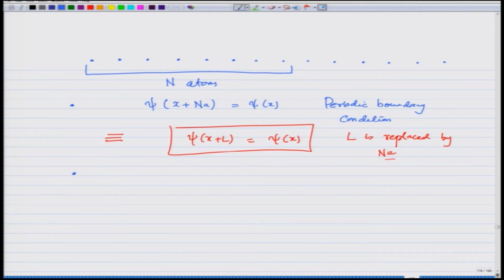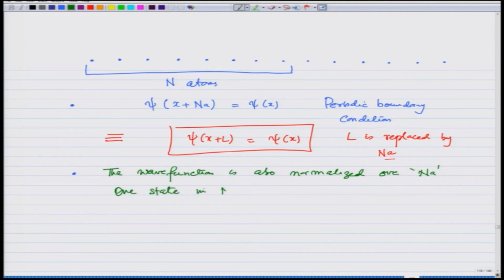Point number 2, the wave function is also normalized over N a, so that one state in N a carries exactly 1 electron for each spin.